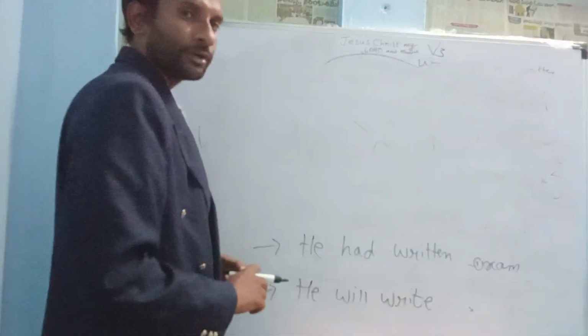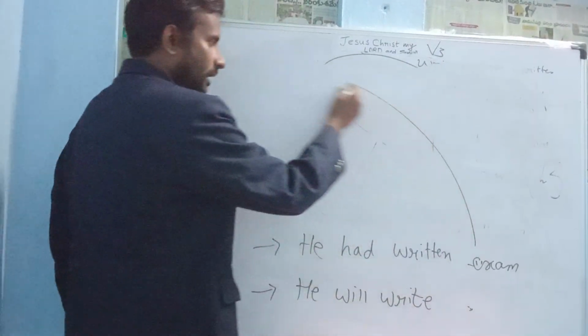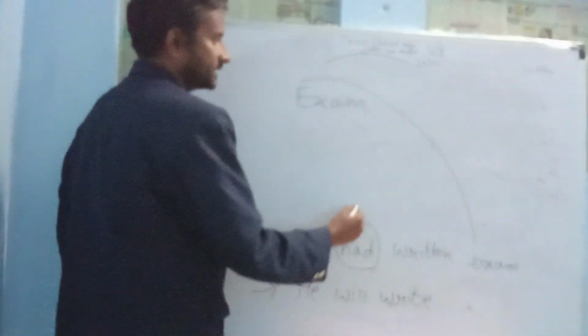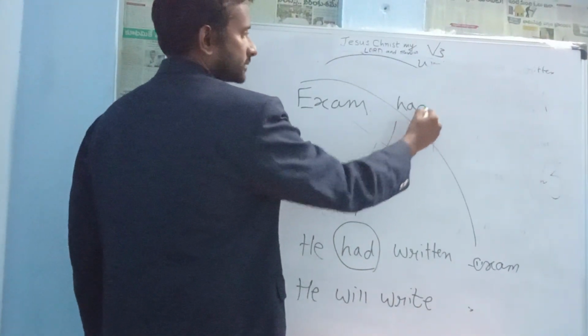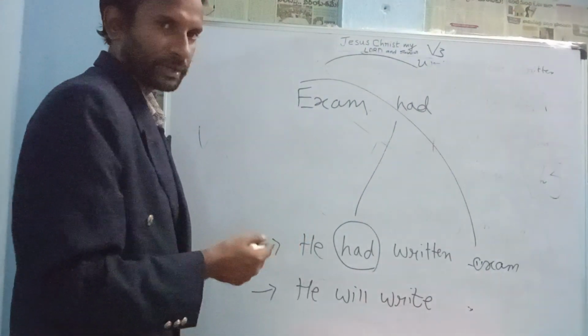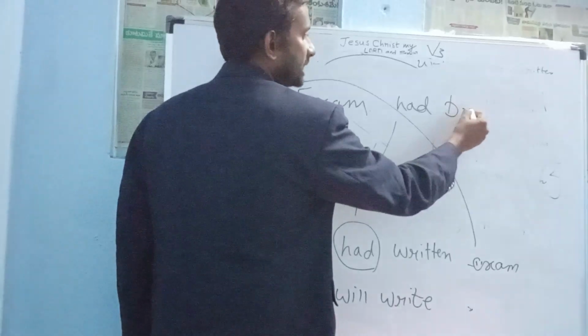Okay, let us see another tense, that is past perfect tense. He had written exam. Bring the object as subject, exam. Had, bring as it is here, exam had. Here, to change past perfect tense or present perfect tense, we must use been.